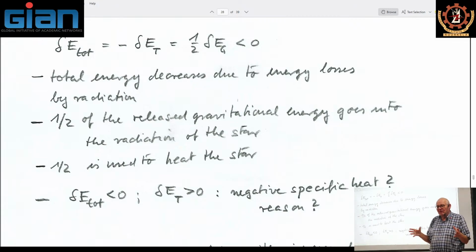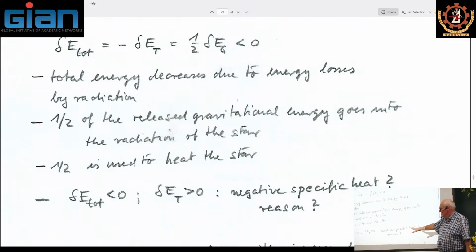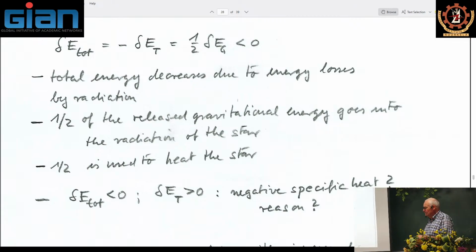Of course, we could also regard the system only in a thermodynamic way, and then we would consider stellar matter as usual. But here we have explicitly taken gravity into account. And if we take both the thermodynamics and the gravity together, then we end up with this strange behavior. So the consideration of gravity is the reason for this negative specific heat.